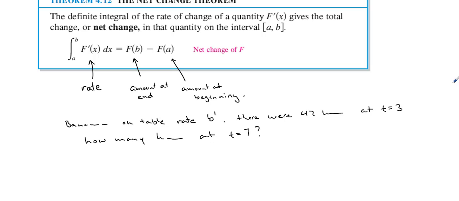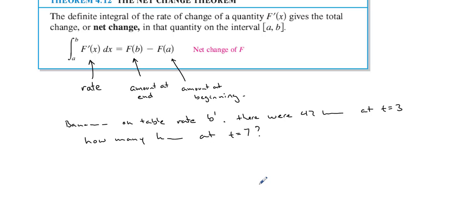Okay, they might give us some functions. Bananas were being added to a table at a rate of da da da da. There were 47 bananas at 3 hours into the day, or 3 hours after the store opened, or something like that. How many bananas would be on the table at t equals 7? Later on, we'll add in subtracting bananas and stuff like that too.